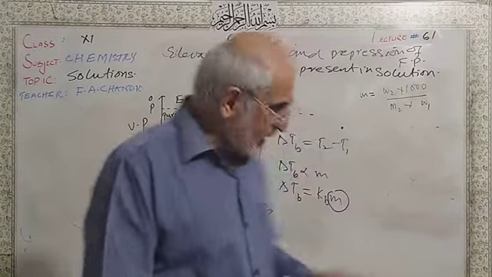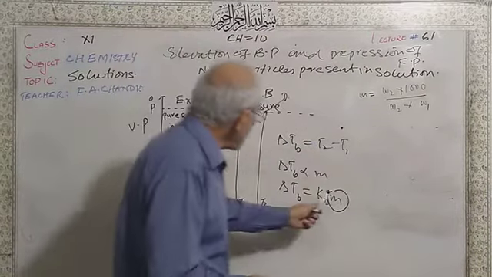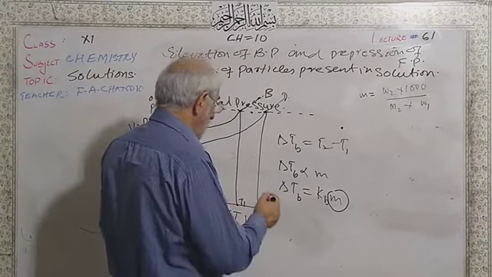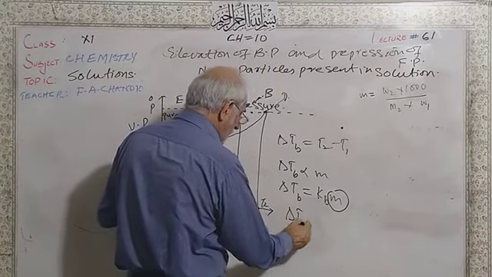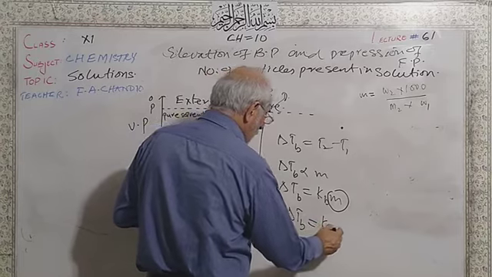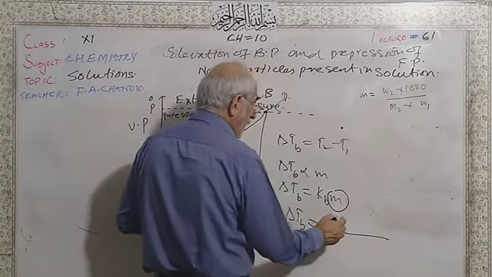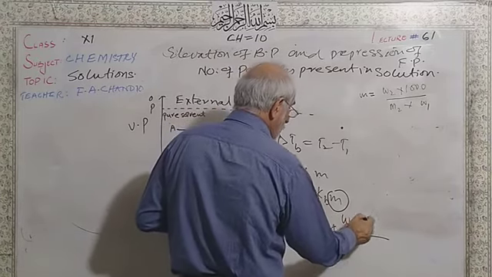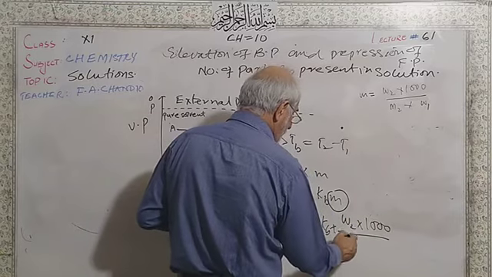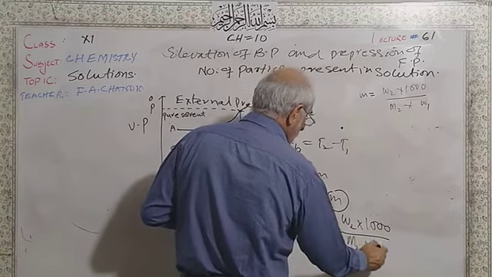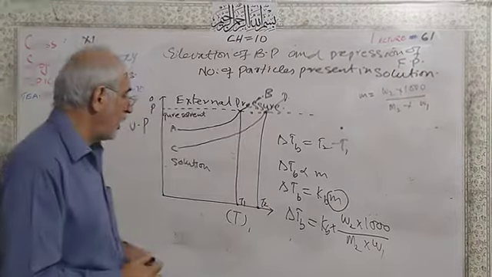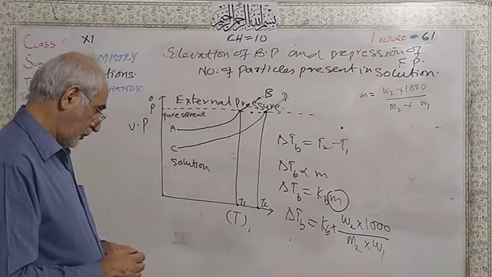This is the molality, so put this value here. So delta Tb will be equal to Kb multiplied by W2 multiplied by 1000, divided by M2 multiplied by W1. So this is the formula for delta Tb.